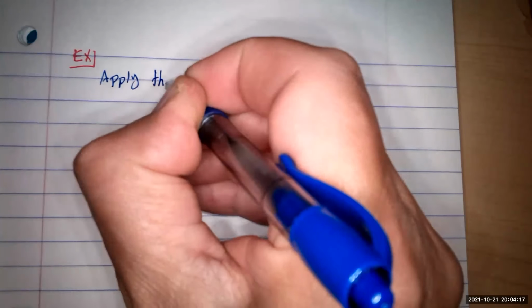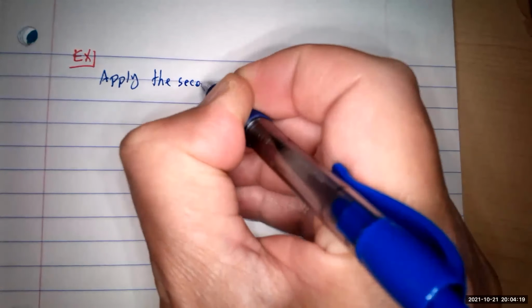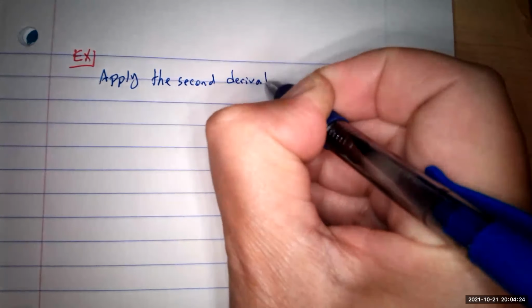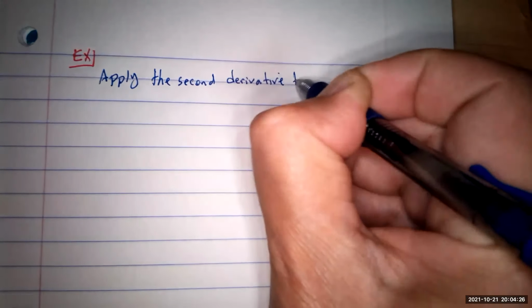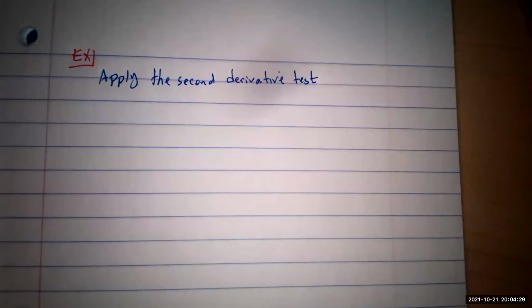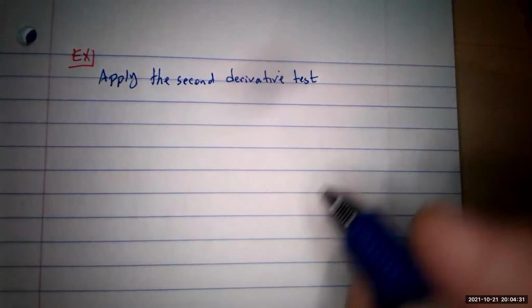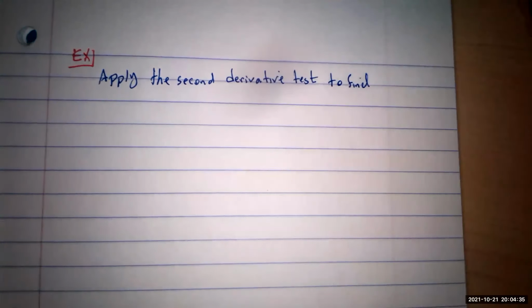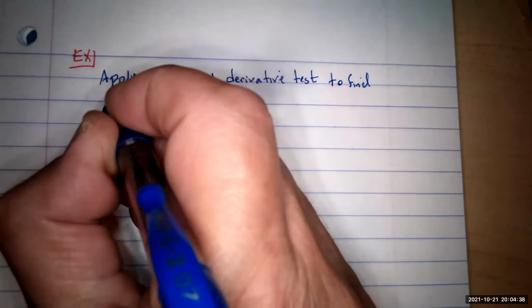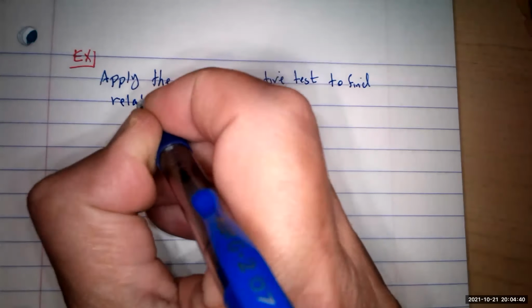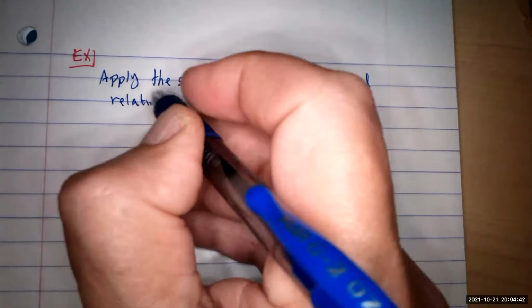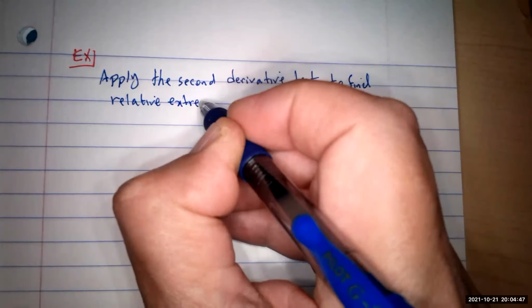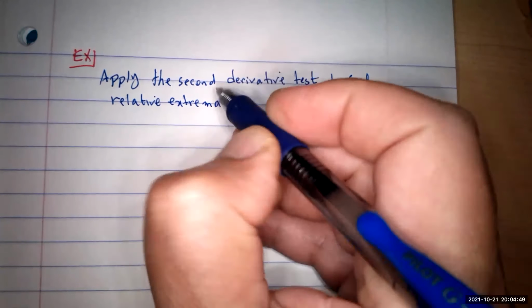Apply the second derivative test to find relative extrema. Remember, relative extrema means the maximum and minimum values of the function.